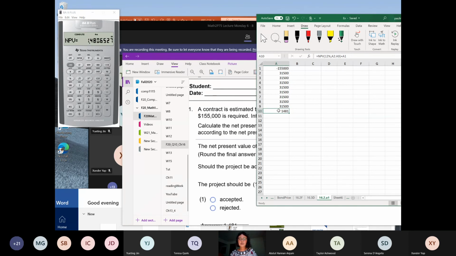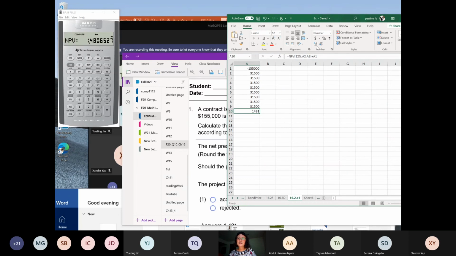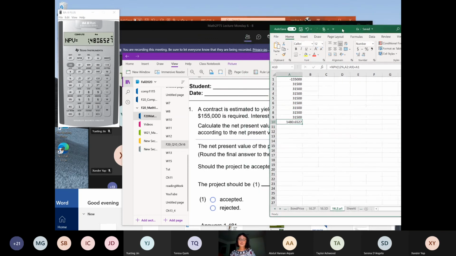So if I put more decimals here, it should agree with the calculator result. See, they agree with each other. Okay. So this is a small exercise to calculate NPV.